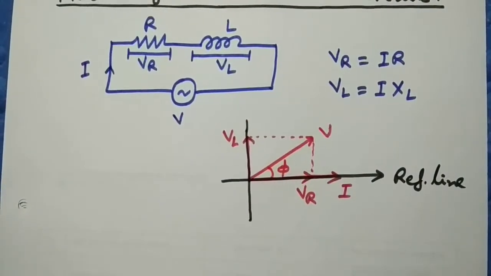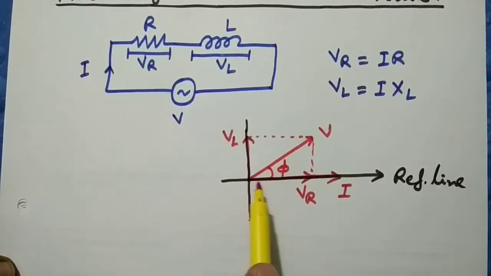So up to this we have already done, but now in phasor algebra, in complex notation, we can see that VR is along the x-axis. Therefore, no component of VR will be along the y-axis.